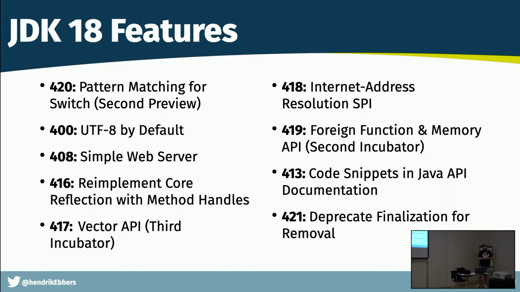Oh yeah, and UTF-8 will be used as the default encoding in Java instead of using the one from the operating system. So these are all the things that happened in Java.